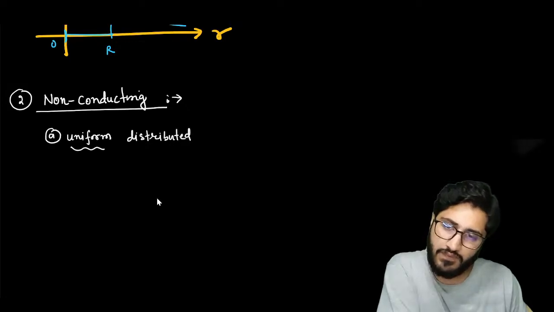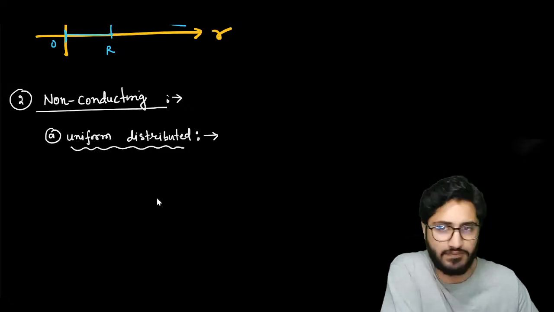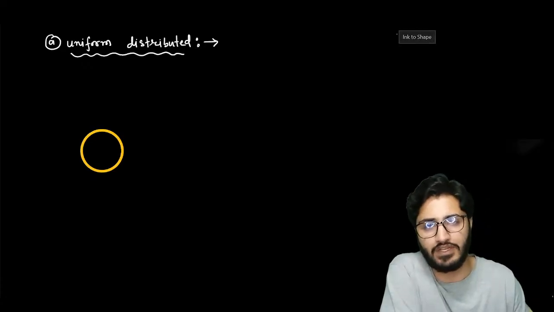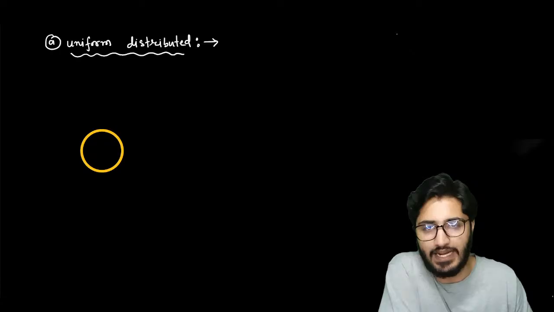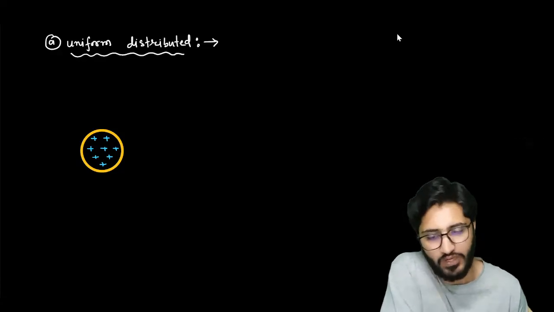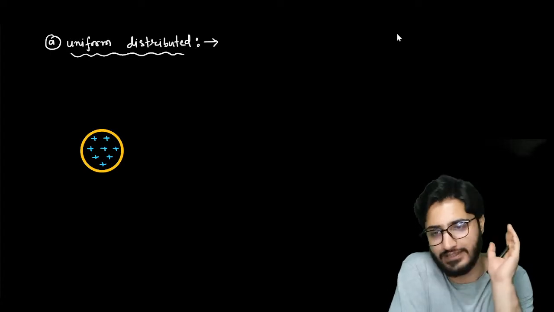Uniformly distributed simply indicates that if we have a sphere like this, and inside the sphere we have charges, but it is uniformly distributed. Then we need to take 3 points: outside, at the center, or inside.